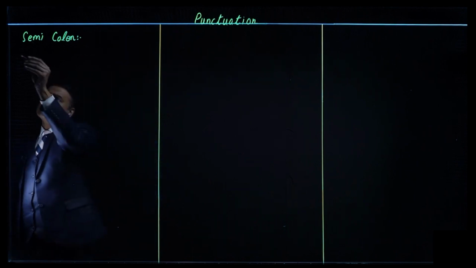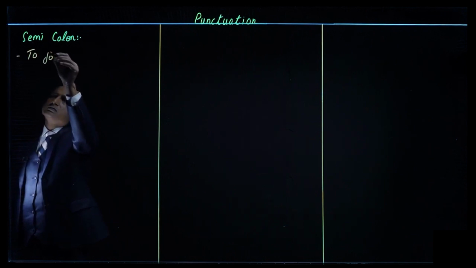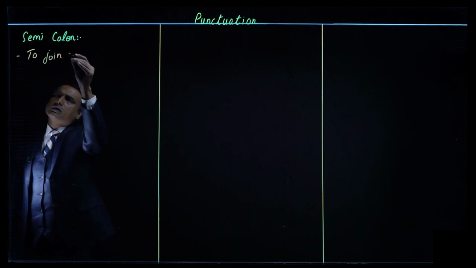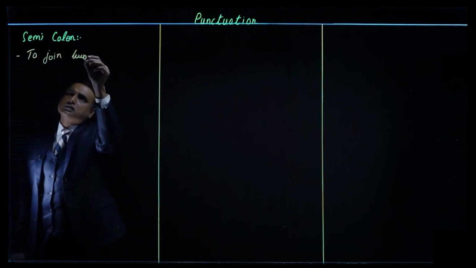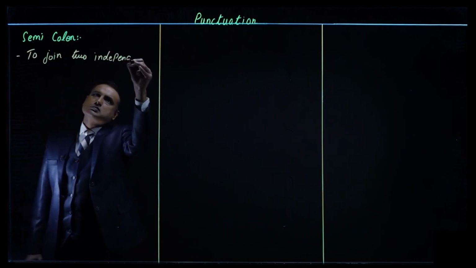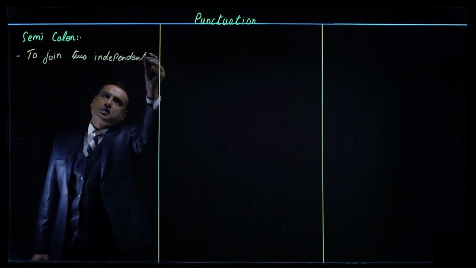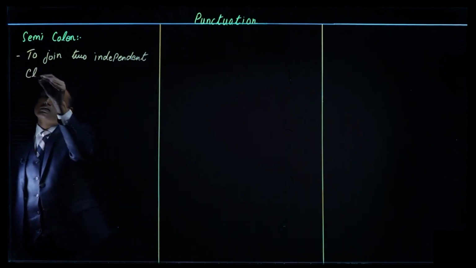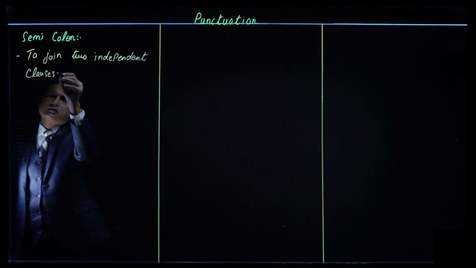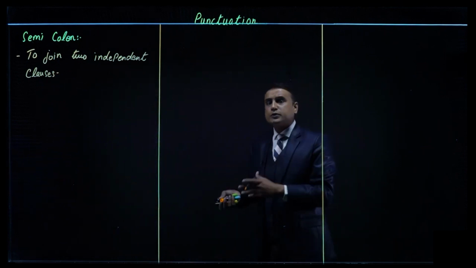The very first one is to join two independent clauses. Now if we want to join two independent clauses, we cannot use comma.